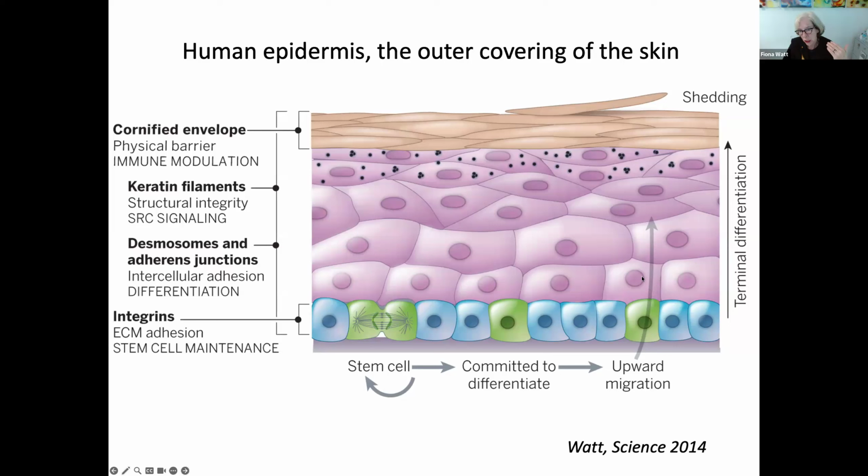This journey takes about 28 days in most body sites. And these outermost cells are dead cells, but they're exquisitely specialized to act as a protective covering of our body. And so, as these cells are shed, they need to be replaced by proliferation of stem cells in the basal layer. So, you have this beautiful balance between stem cell renewal and differentiation.